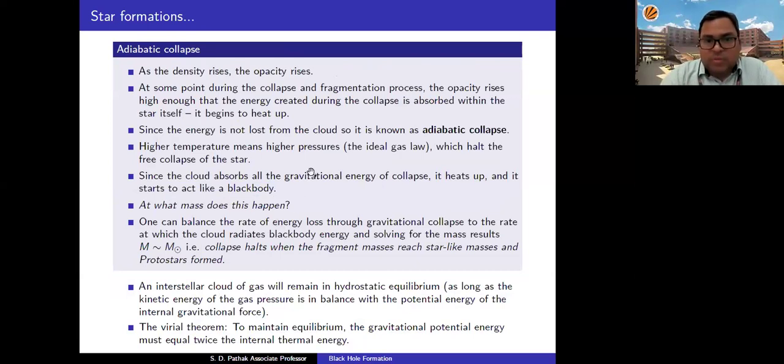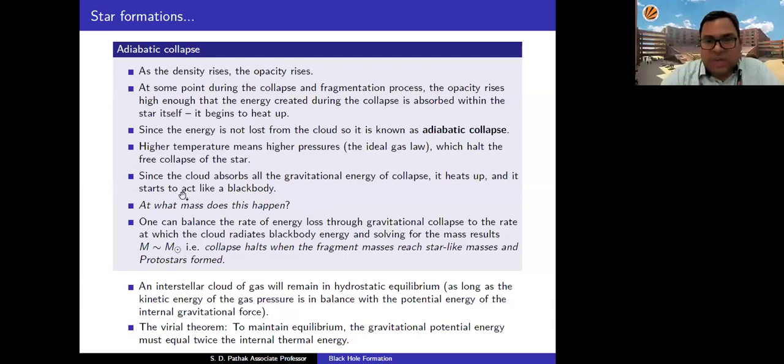That means dQ becomes 0, and this type of collapse is called adiabatic collapse. According to the ideal gas equation, higher temperature means higher pressure, and finally, due to the gravitational energy, it becomes black body radiation, and radiation comes out.